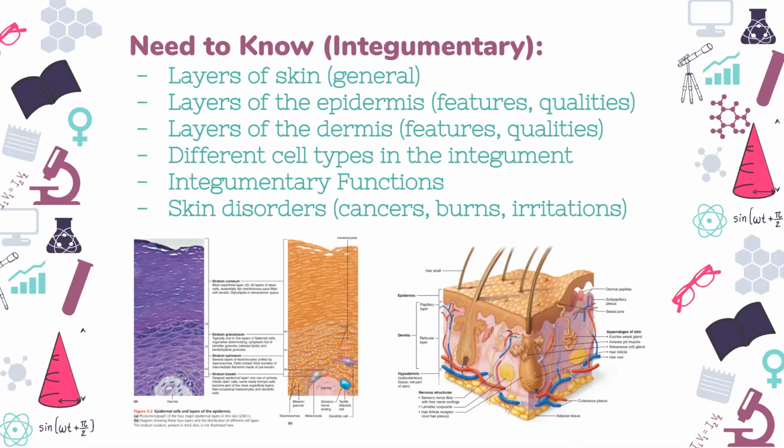And then disorders, this covers cancers, burns, and irritations. The attached resource packet is a textbook that I sent, or I cut down the pages of the textbook to send you, right? So please look through those to find the skin disorders, because it's important that you're able to research these things on your own. And we'll be testing that.